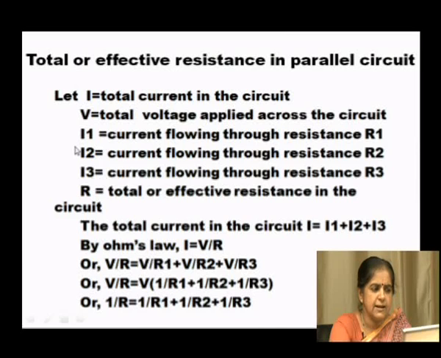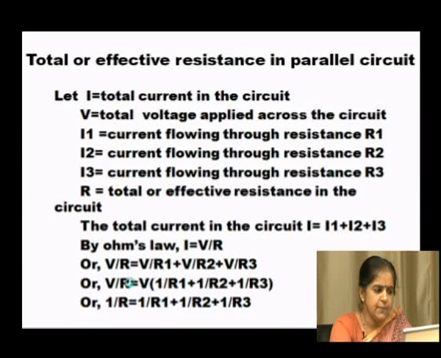R is the total or the effective resistance in the circuit. The total current in the circuit I is equal to I1 plus I2 plus I3. Okay. So, by Ohm's law I is equal to V by R. So, let us substitute this equation in the first equation. By Ohm's law I is equal to V by R.